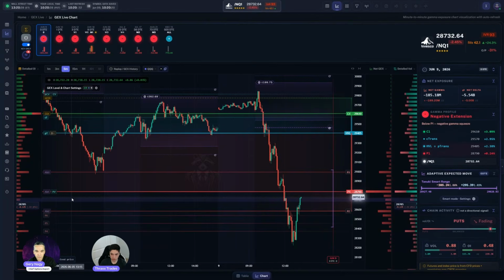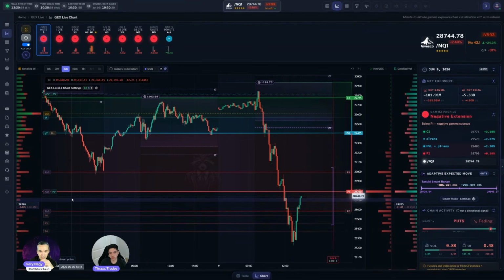Now, it doesn't necessarily tell me direction or what is going to happen when we get here, but it just tells me that it is a more significant level that I should realistically be paying attention to, or maybe sit up in my chair and start watching the tape once we actually get to this area to determine what is going to be the outcome of what's happening here at this level.